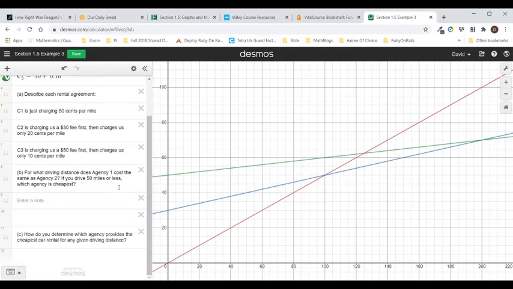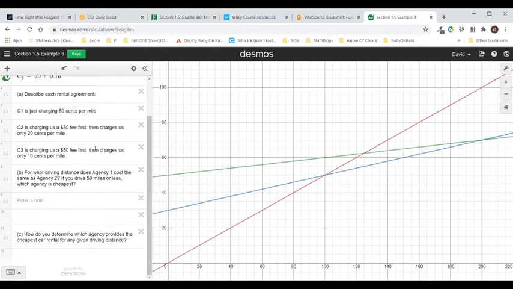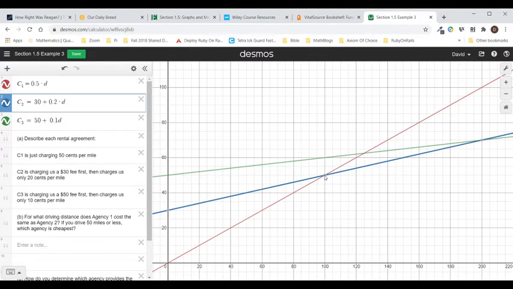Part B, for what driving distance does agency 1 cost the same as agency 2? Well, that's the red one and the blue one. You can see that the blue one is more expensive than the red one until they meet. Now, in the book, they actually find it. It certainly looks like 100. If I click on it, it actually says 100, right?